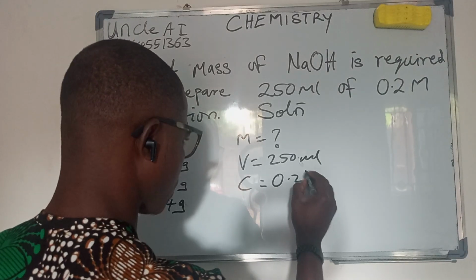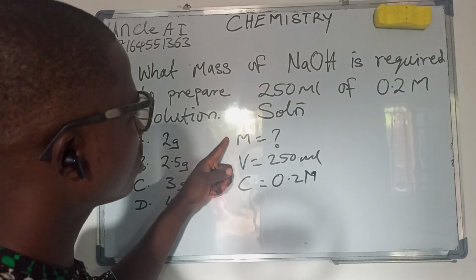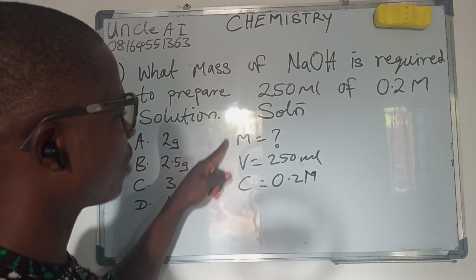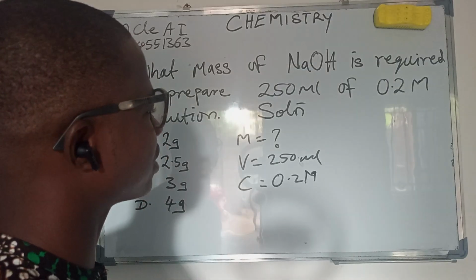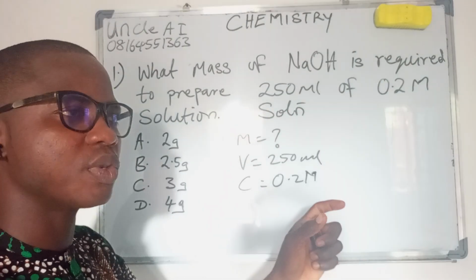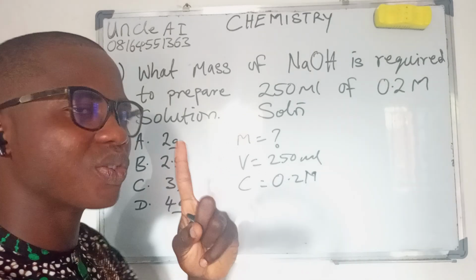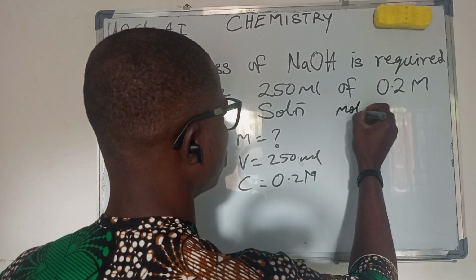Now, for us to determine the formula we will use here, there is no direct relationship among these three parameters. But we can recall that there are formulas that have one particular thing in common. And what is that thing they have in common? Mole.